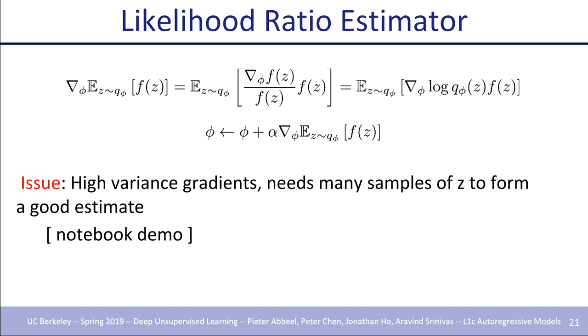Then you just multiply and divide by q phi, and then we can replace it with the expectation inside.